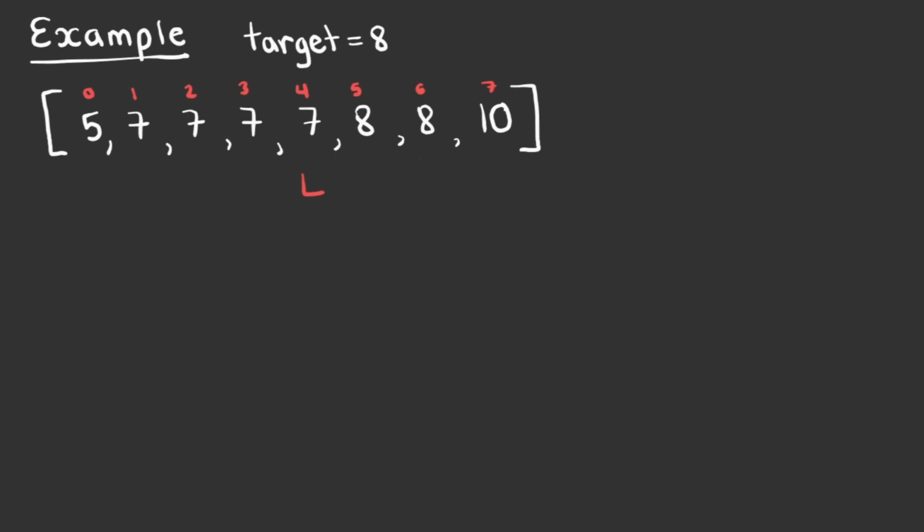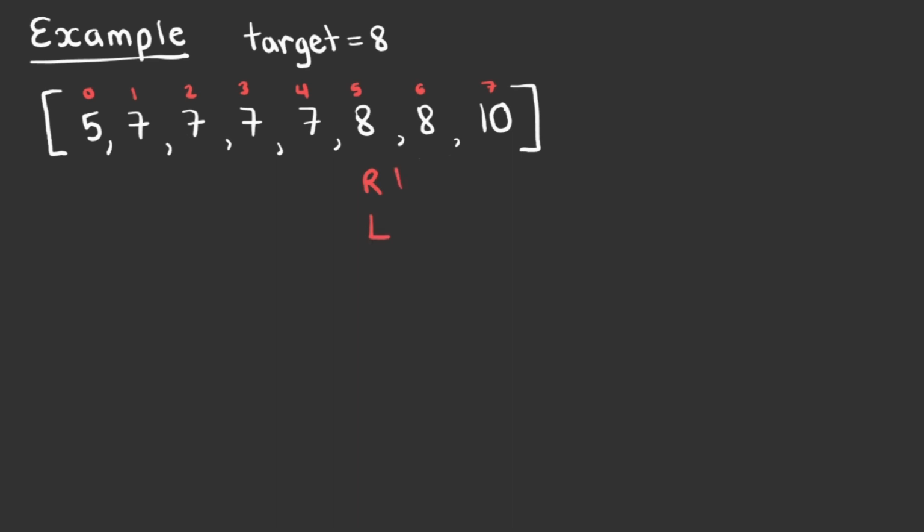So we can remove the mid pointer and say that the mid is now the right pointer. So the midpoint is going to be at 7. And since 7 is less than 8, we have to shift the left pointer to be mid plus 1. So we can remove the left pointer, and it becomes index 5.